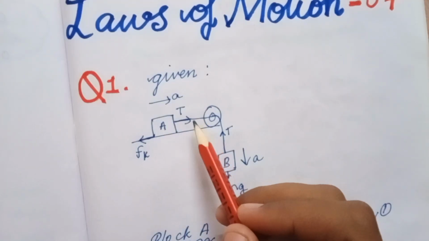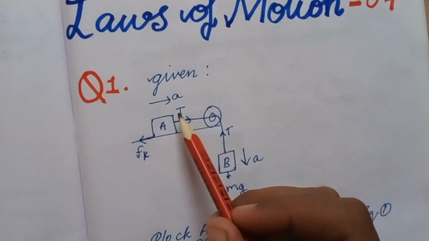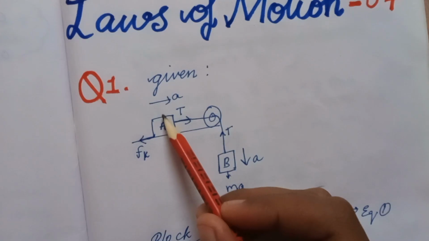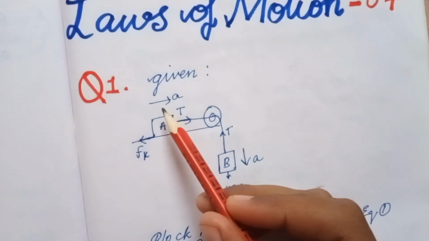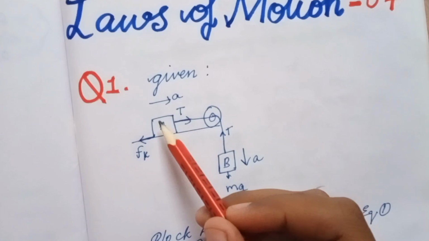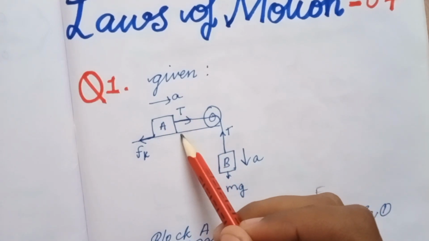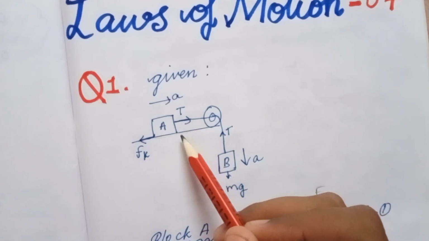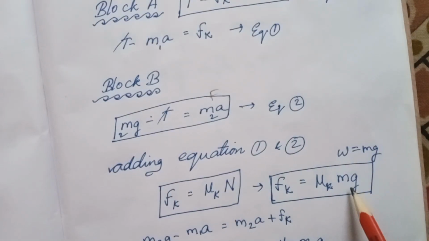Only horizontal acceleration takes place. The vertical equilibrium takes place. The normal force pushing upward and the downward force mg are at equilibrium. So there is no vertical acceleration, and it is on a horizontal surface. The surface is not inclined or bent. Hence N is equal to mg.